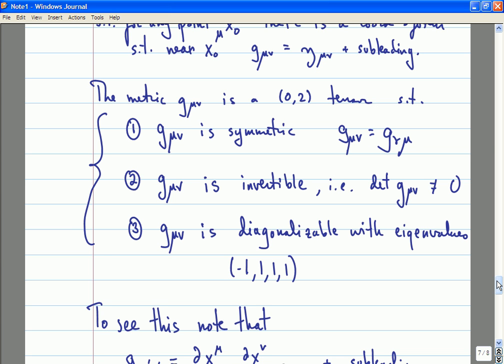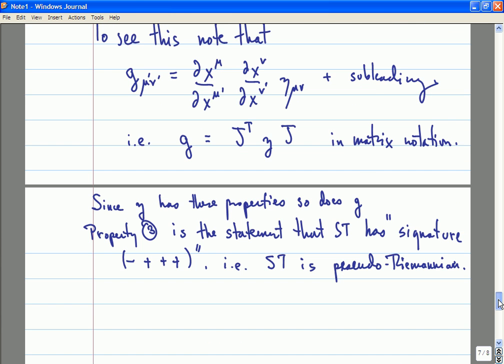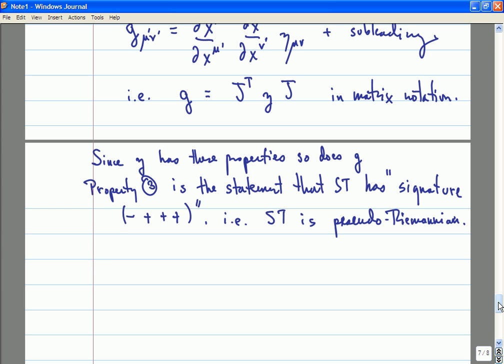Okay. Let me continue. So I would now like to introduce a little bit more notation. It's a very important notation that we will be using for the rest of this class.